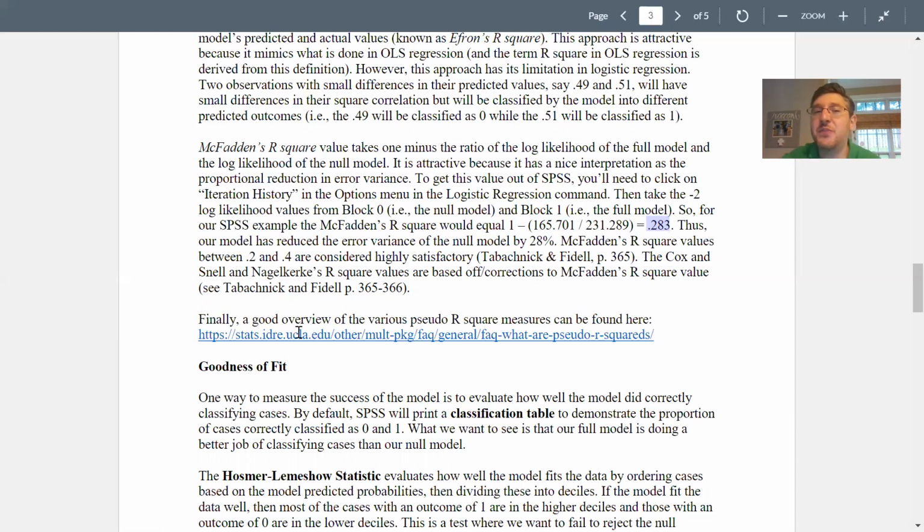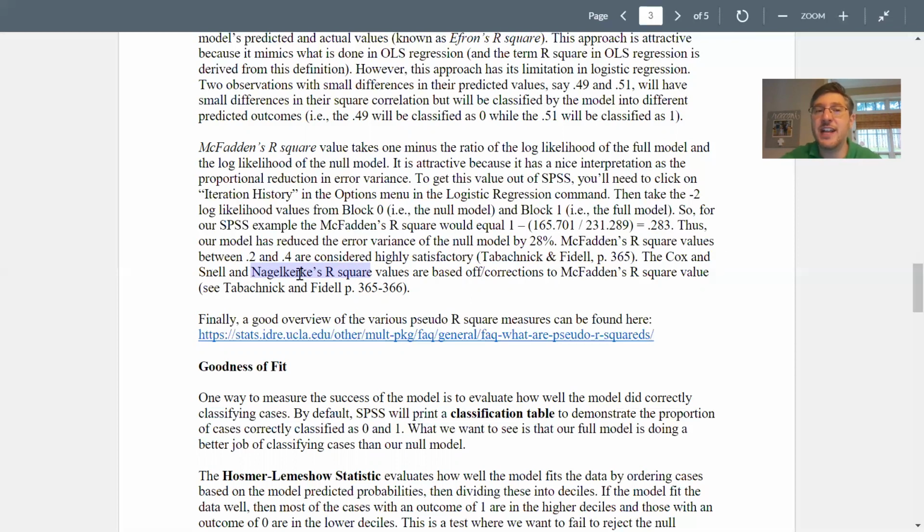And then if you read in the Tabachnick and Fidell book, you'll see how the Cox and Snell and the other R-square value here are really just corrections to McFadden's R-square. Cox and Snell is basically McFadden's R-square with a little adjustment for sample size, which then has a limitation that the maximum value of Cox and Snell can't be 1.